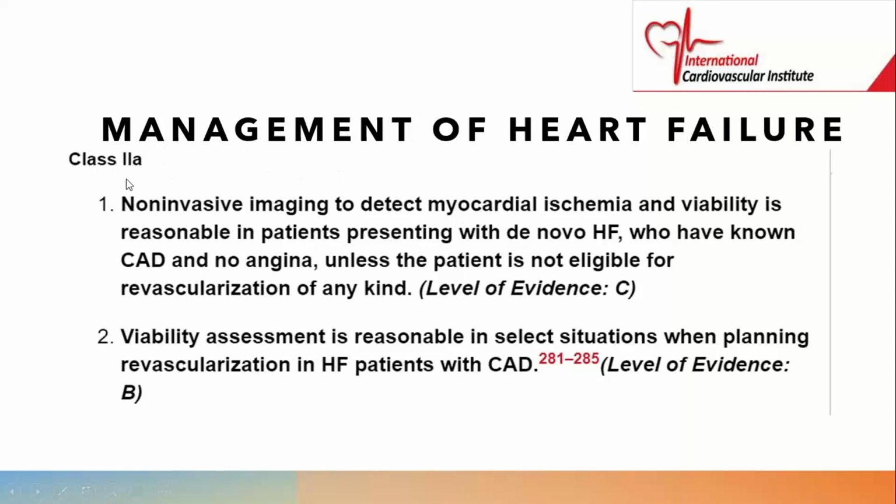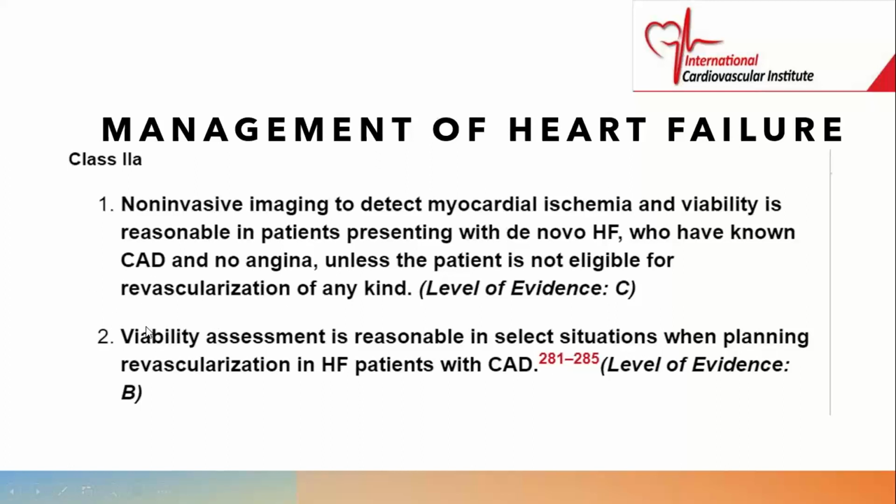So class 2A, you can do other non-invasive imaging to look for myocardial ischemia and viability. You may want to do a myocardial perfusion scan if you suspect that the patient has coronary artery disease. If you suspect that the patient has any type of blockage, you may want to do a test to look for that.